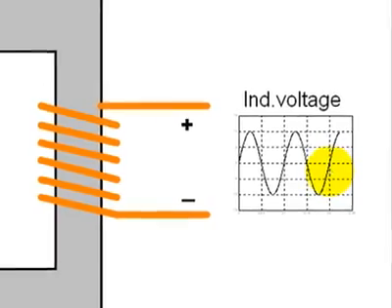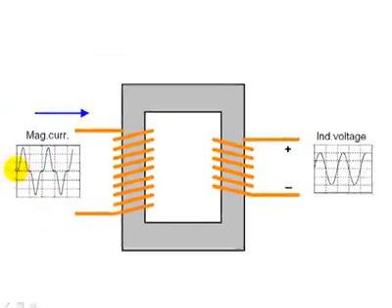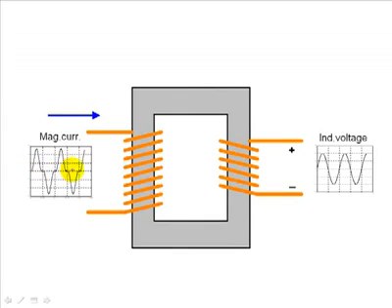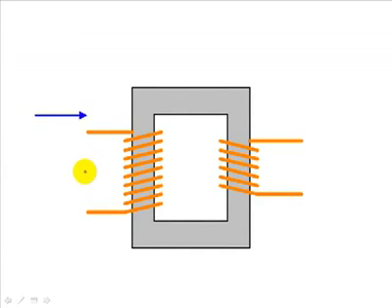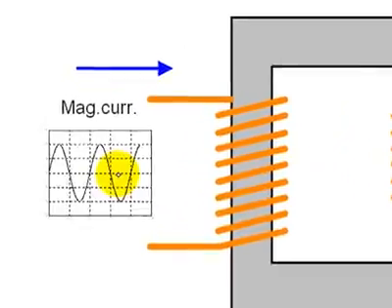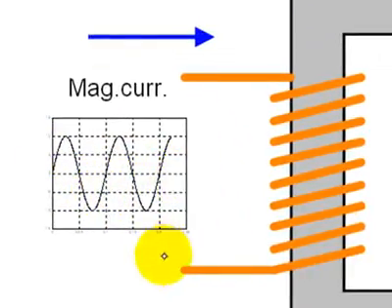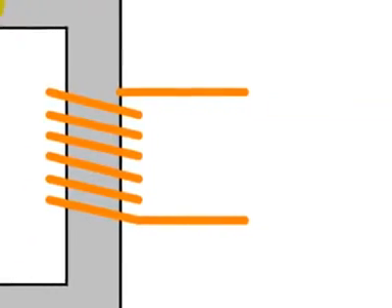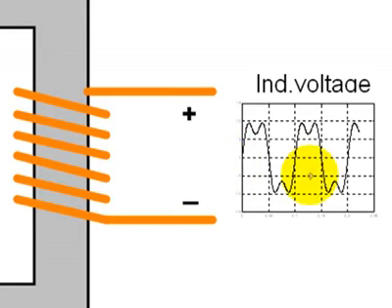If, for some reason, we manage to filter out the triple frequency of the magnetization current and we apply a magnetization current that is purely sinusoidal, the flux will not be sinusoidal, and the induced voltage now will have triple frequency voltage waves in it, and the customer will be very unhappy, and he'll make sure to make you unhappy.